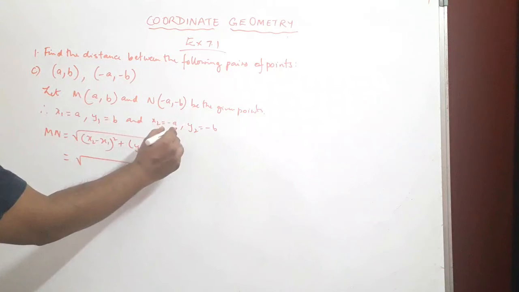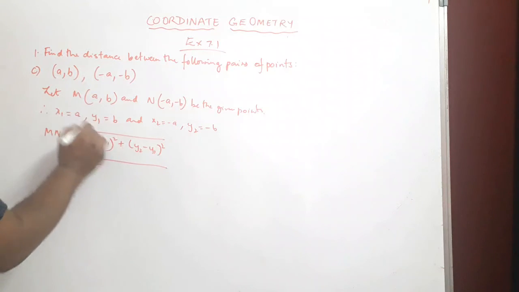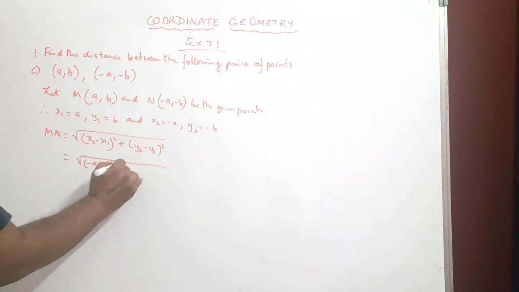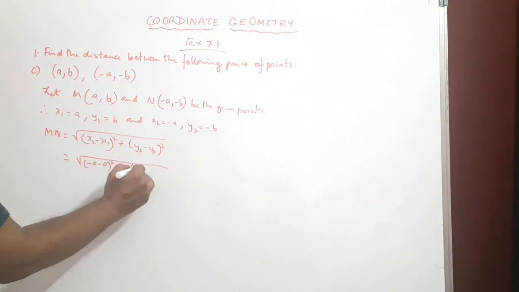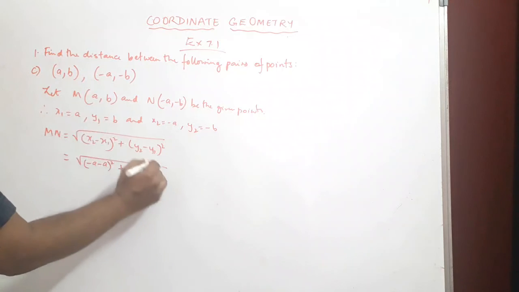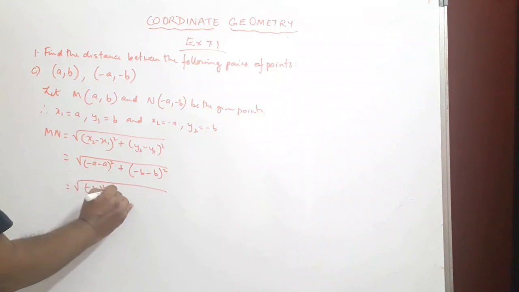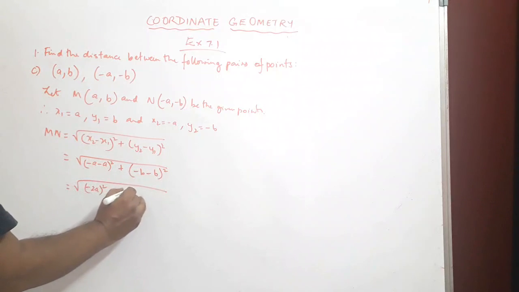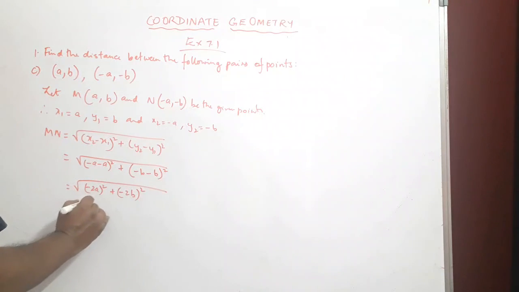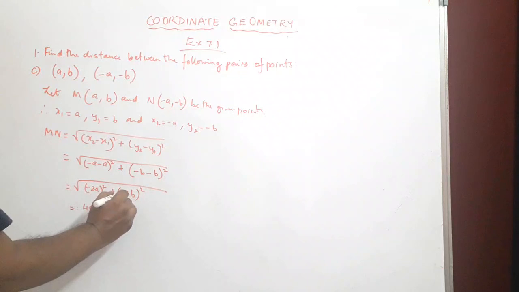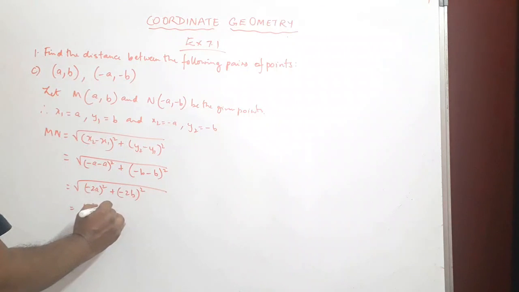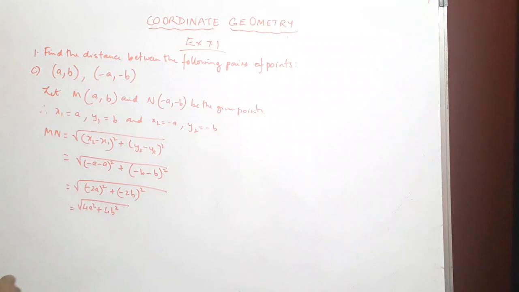For x2 it is minus a, minus x1 which is just a, so (minus a minus a) whole square, plus y2 is minus b, minus y1 which is b, so (minus b minus b) whole square. Solving further, minus a minus a gives us minus 2a whole square, plus minus 2b whole square. That would be 4a square plus 4b square, and that comes under the square root sign.